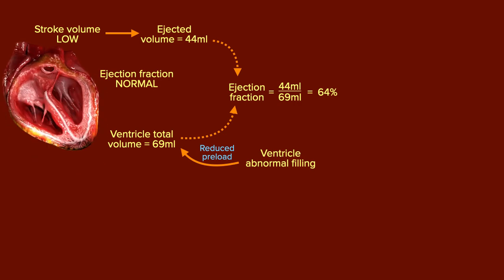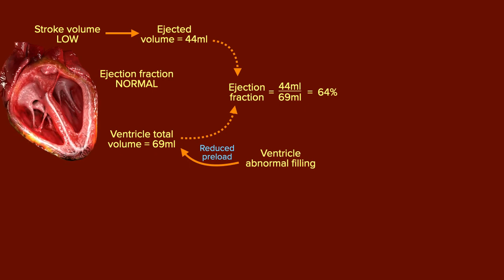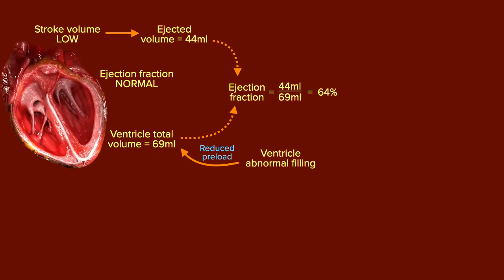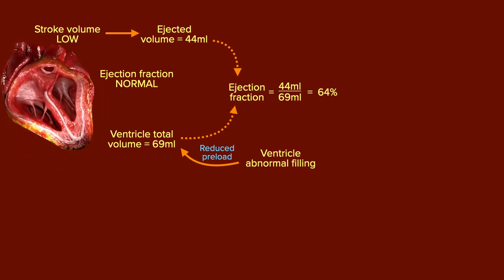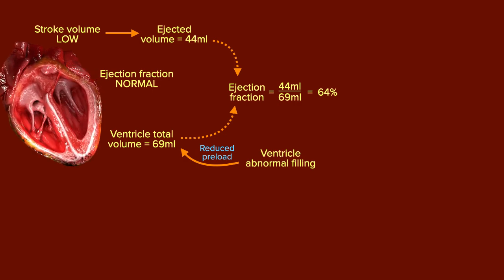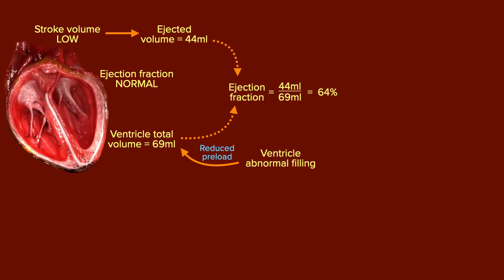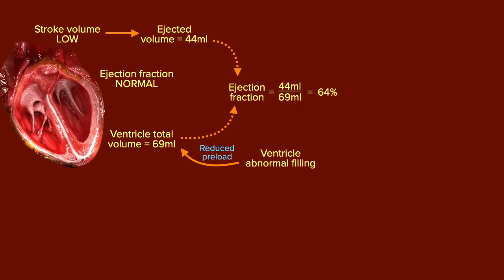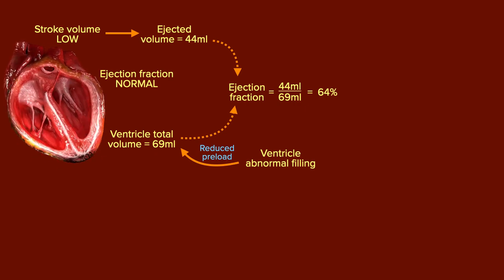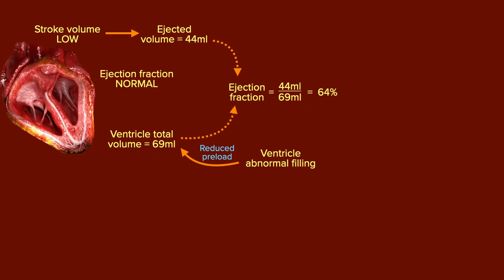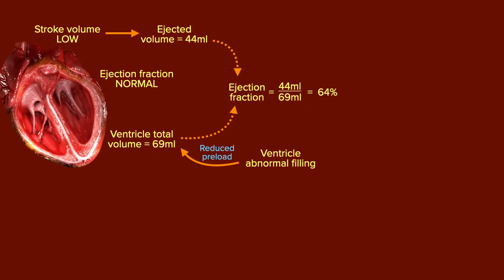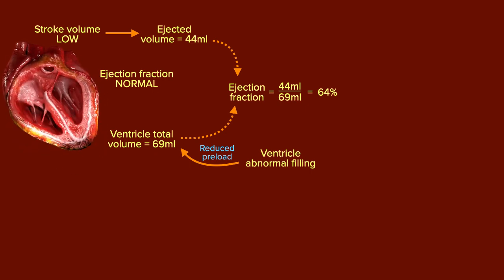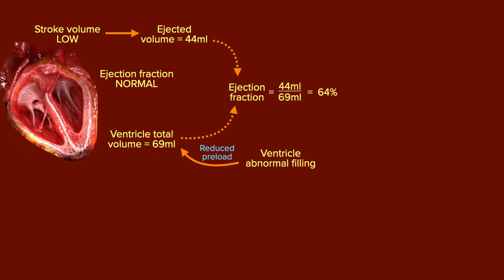All right, so in this situation, the failure is caused by abnormal filling of the ventricle so that the chamber doesn't get fully loaded in the first place. Another term that is medically used is a reduced preload, which means the volume of blood in the ventricle right before the ventricular muscles contract is not enough.